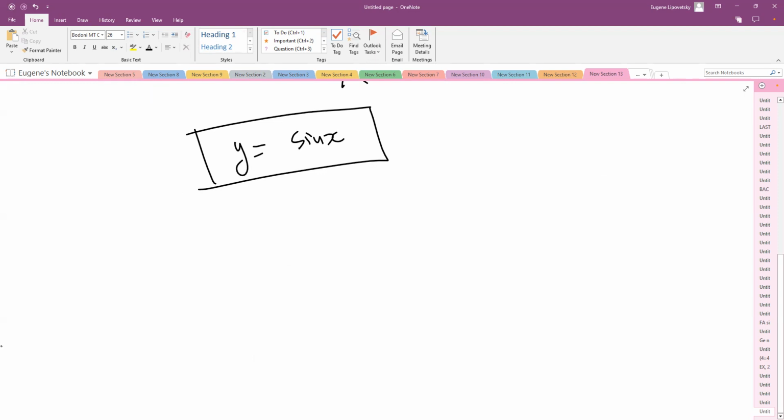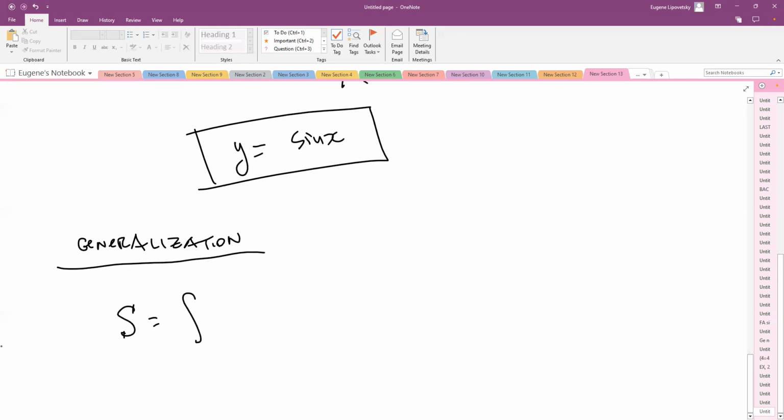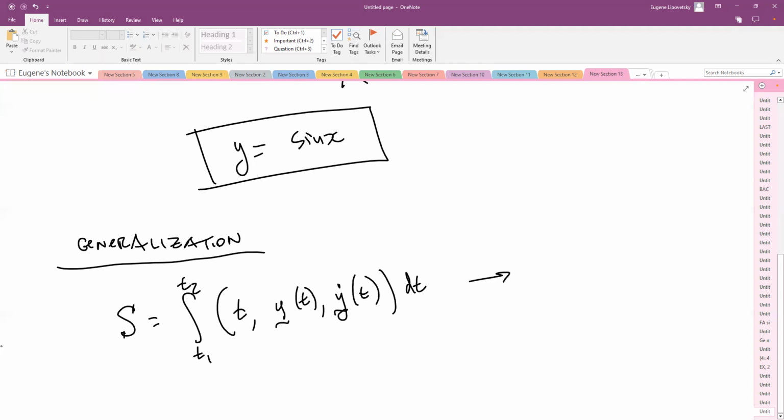Okay, now generalization. Suppose S equals the integral from, let's make it from t1 to t2, of F of t, y of t, y dot of t, dt, and we need to run it to minimum.